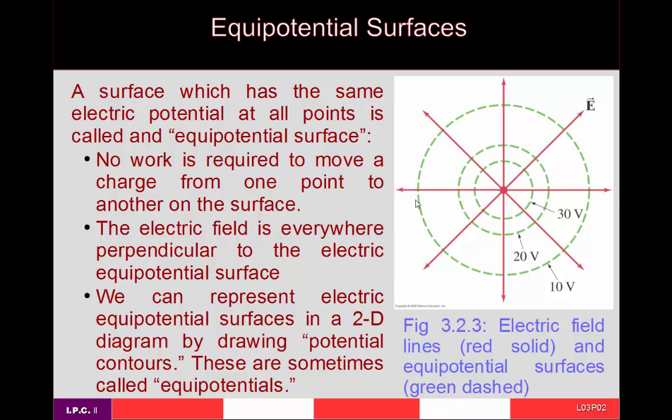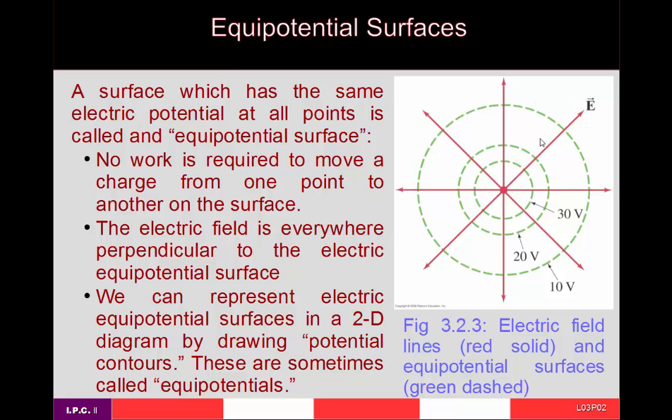So this surface right here has a constant voltage of 10 volts. The implication is that if you want to move a charged particle from one point to another point on this surface, you don't actually have to do any work to do that. Or at least you don't have to do any work against the electric field, against the Coulomb's force.